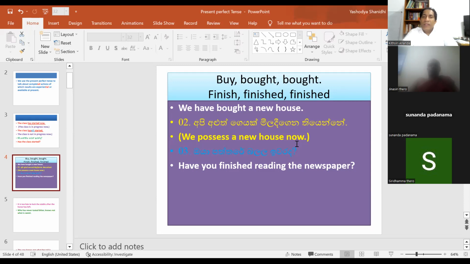The action of buying is finished and gone to the past. Now you possess a new house. Now you own a new house. A new house belongs to you now.